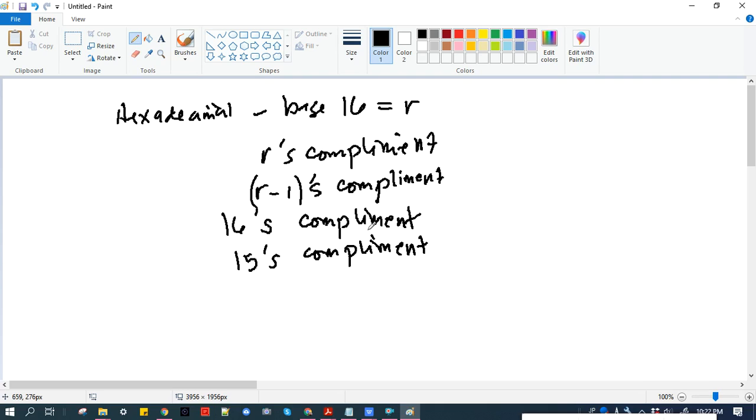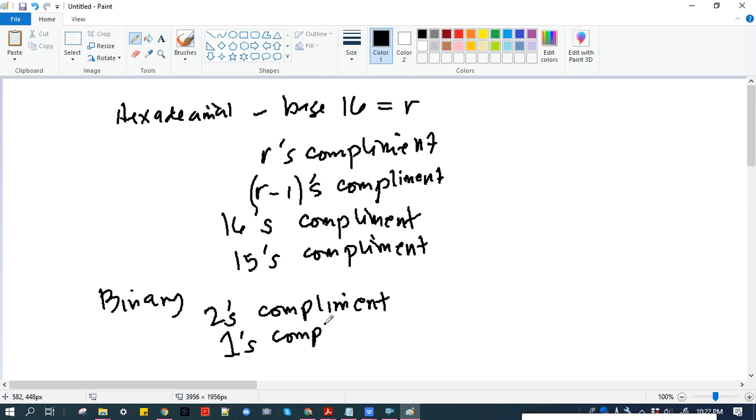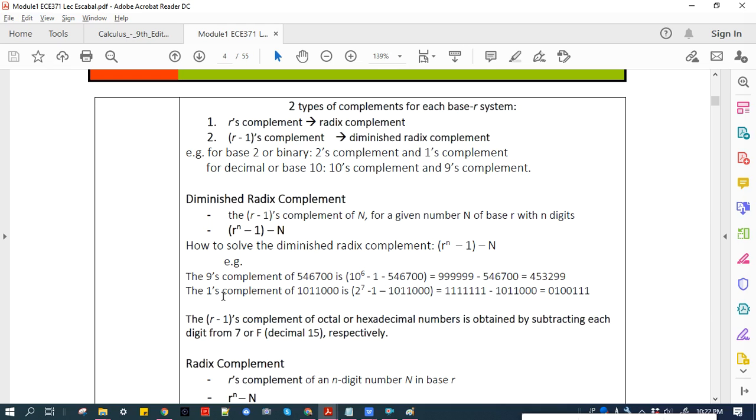But what we are mostly concerned with is binary. So what we need in binary is the 2's complement and then the 1's complement. The 2's complement and the 1's complement.